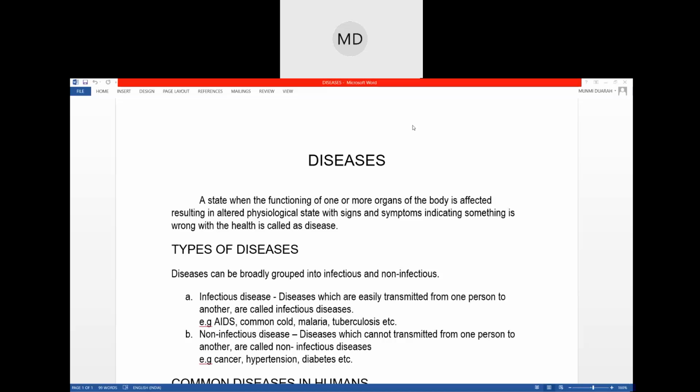There are many organs in our body, right? So disease is a phase when those organs get affected or infected.